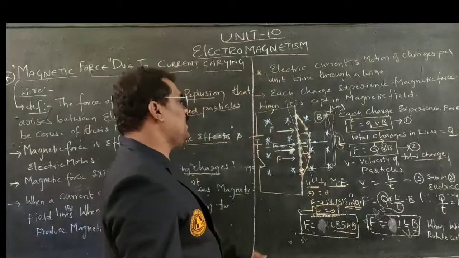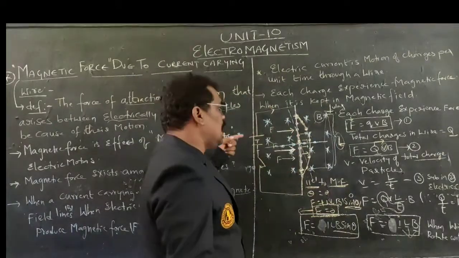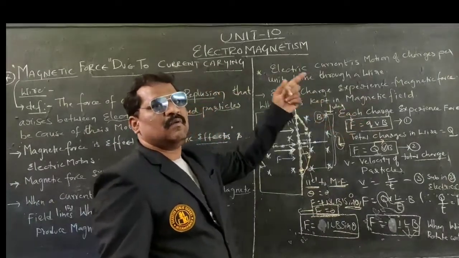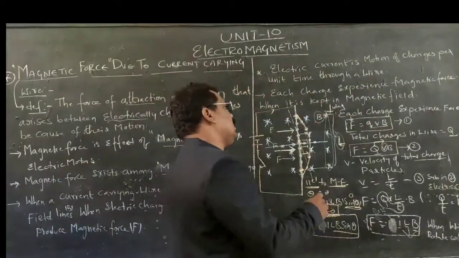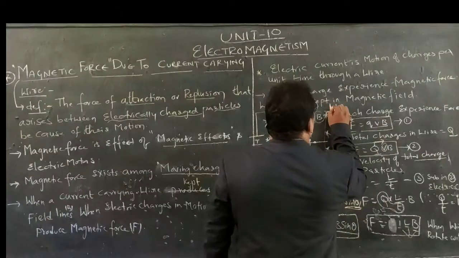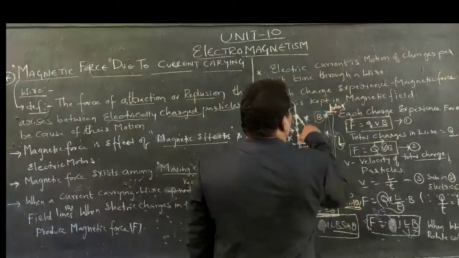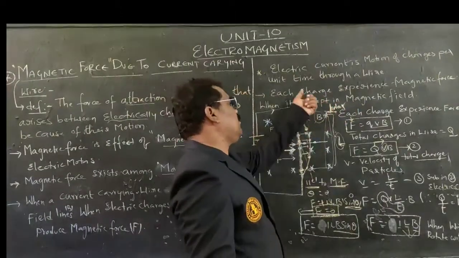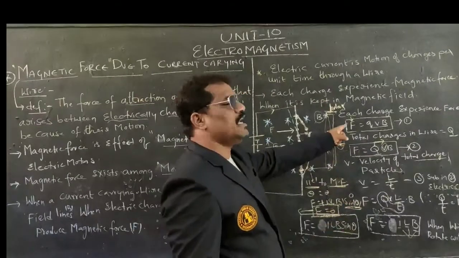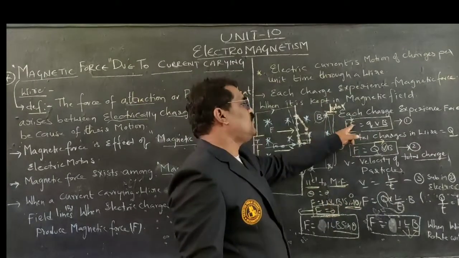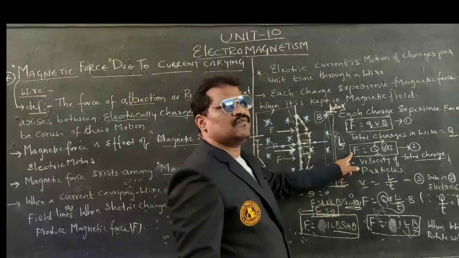That is when the wire is placed along the direction in which the magnetic field is acting. Other than that direction, if I place the wire exactly perpendicular to the magnetic field, then it experiences force. Each charge experiences this much force, and the total force is QvB.